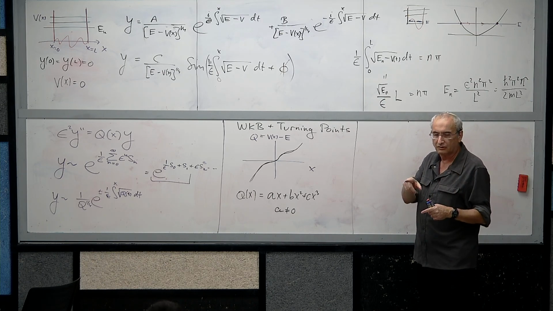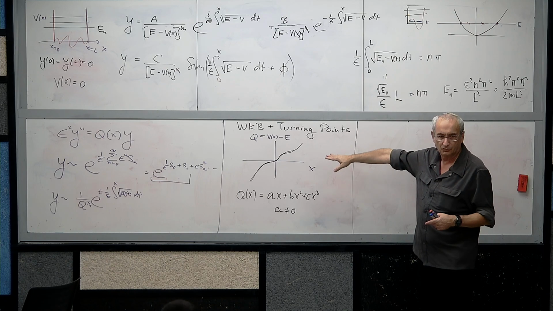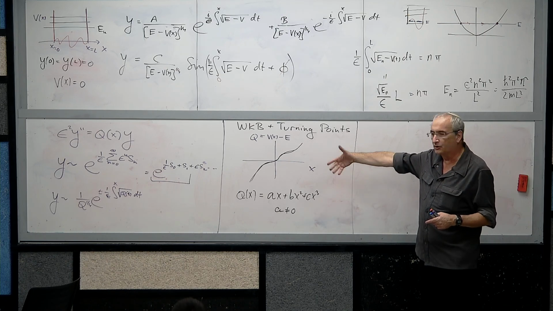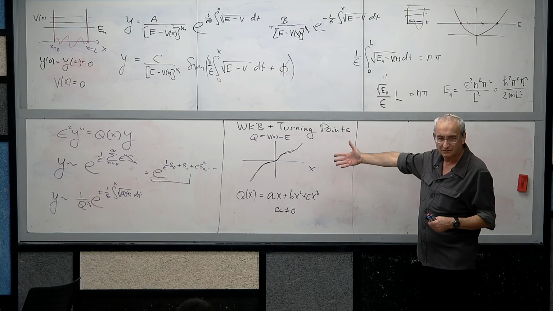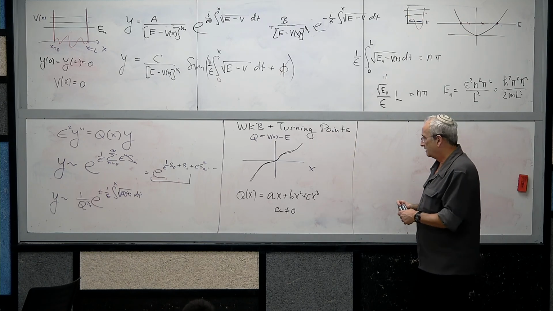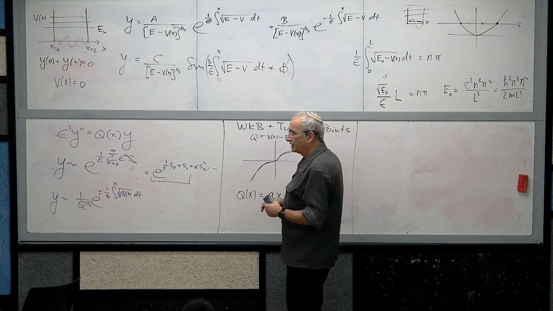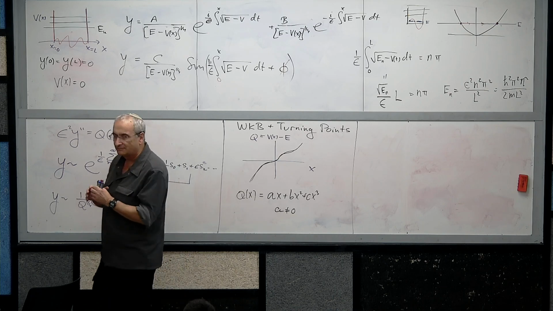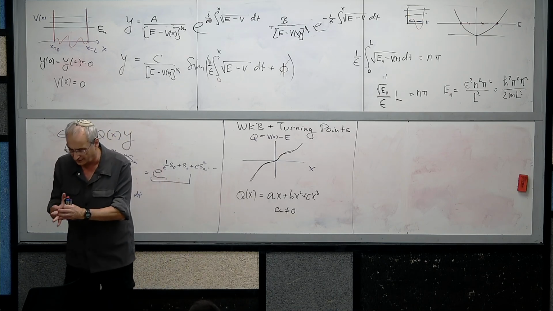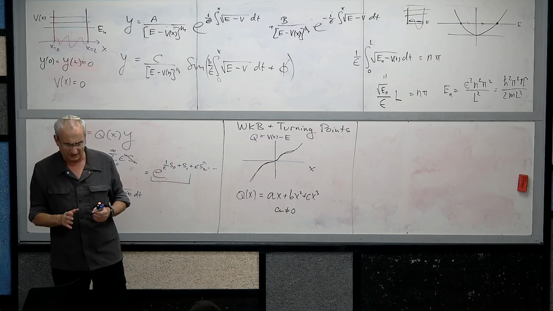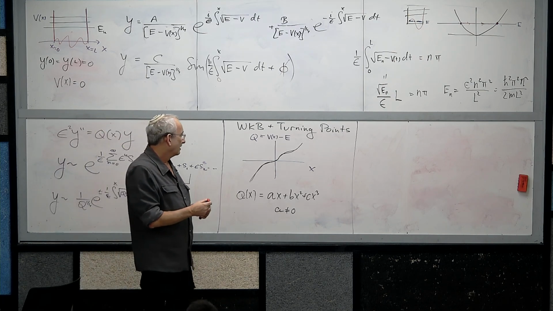The solution to that is very similar to what I'm doing now. I see no point in doing it twice, and I prefer the WKB version of it. So what we are going to do now is asymptotic matching, the same trick that we were using in boundary layer problems.